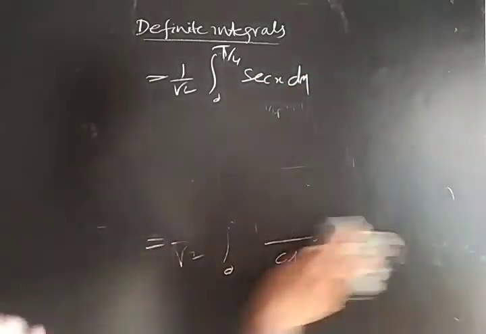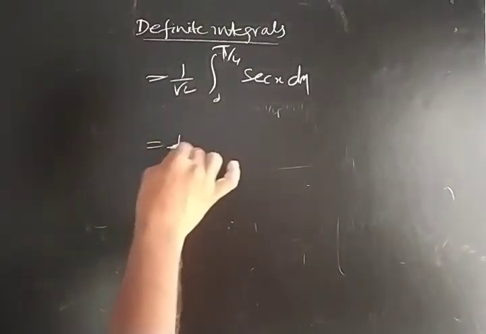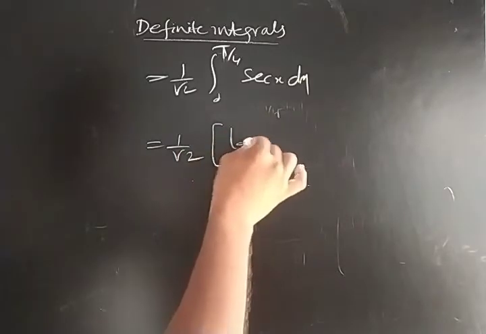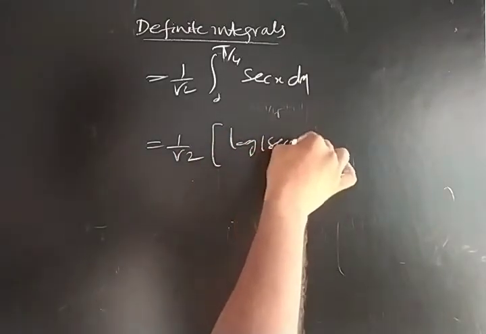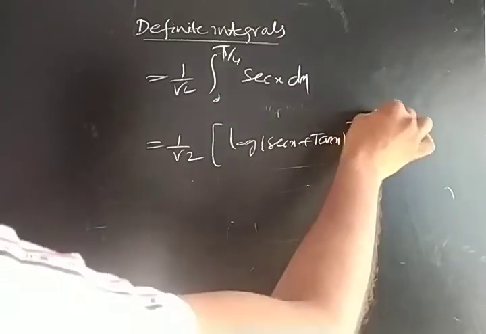So what is secant x integration? Log of secant x plus tan x. So 1 by root 2 integration of secant x, log of mod secant x plus tan x, 0 to pi by 4.